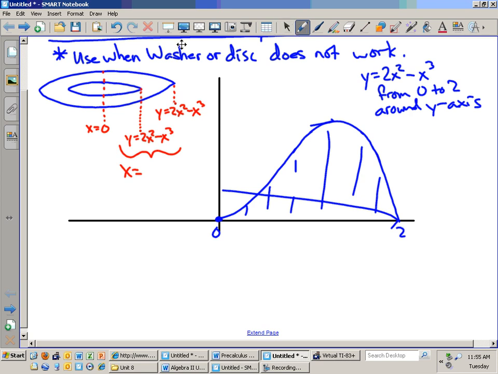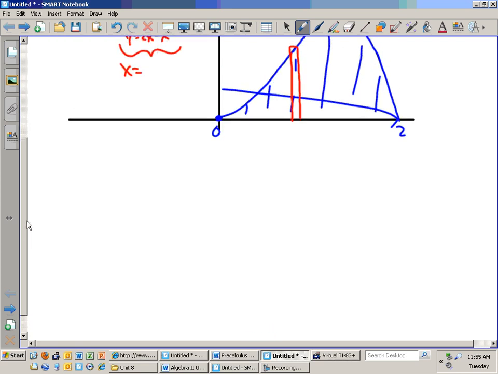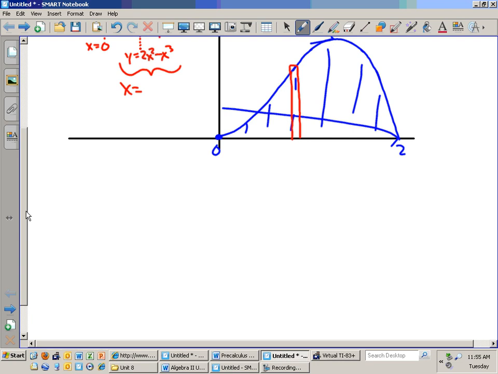Here's what I'm going to do. I'm going to cut a rectangle out of here. As I cut that rectangle, as that rectangle rotates around, what shape does it make?